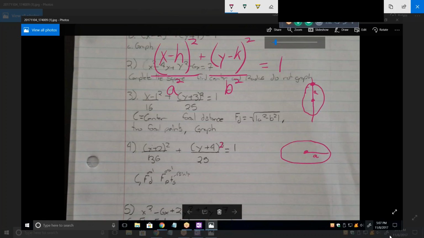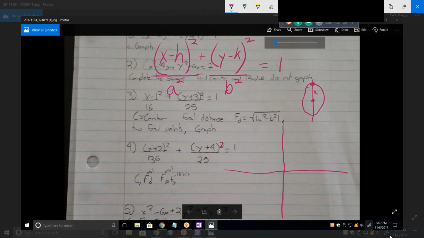Tell me what h and k mean. That's the center of the ellipse. Yep, the center of the ellipse. Just like h and k were the center of the circle, h and k are the center of the ellipse.